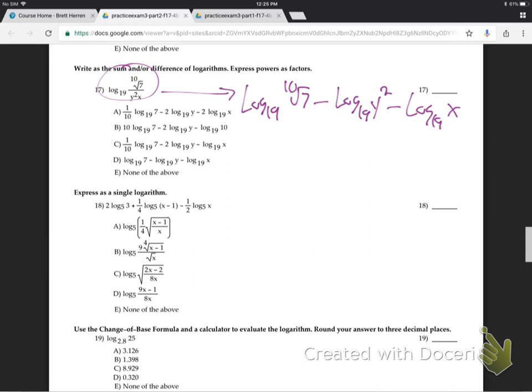So dividing, like this fraction here, dividing became subtraction. Now, one thought you might think, if I was you, I'd probably think, no, wait a minute, Mr. Heron, this is multiplied down here. This is y squared times x. Shouldn't that be plus? Didn't we learn that multiply is plus?